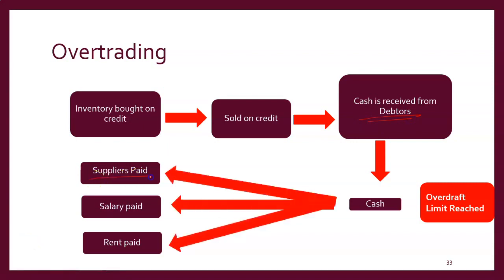We cannot pay our suppliers, the salary or the rent. Finally, the suppliers will stop supplying us any more inventory or goods. The entire operating cycle comes to an end and the company has no other choice but to go for some other sources of finance.